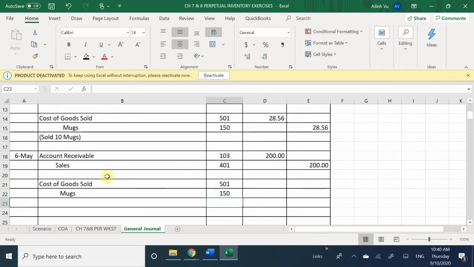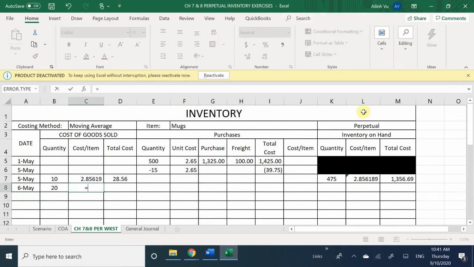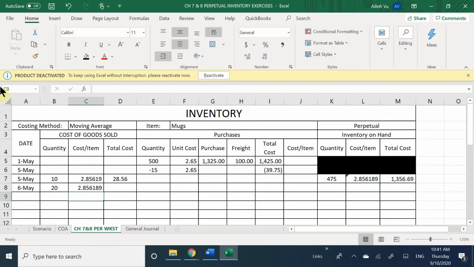So let's go to our inventory worksheet and solve for how much it cost us to sell those 20 items. So in this case, May 6th, 20 items at this 57.12 is going to be our total cost for selling those items.